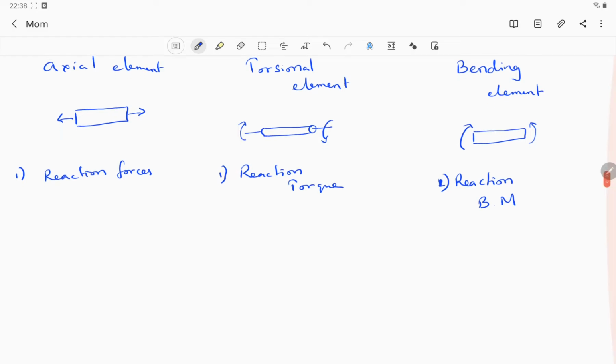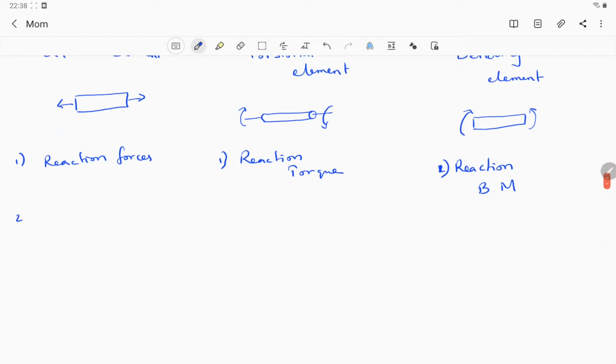Okay, and the second step, in the axial element, is calculating the internal forces. So the internal forces we denote as N. Okay, and this is our x-axis and it's going to be a function of x.